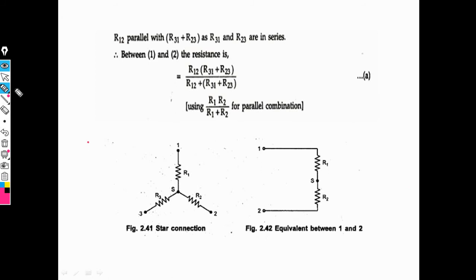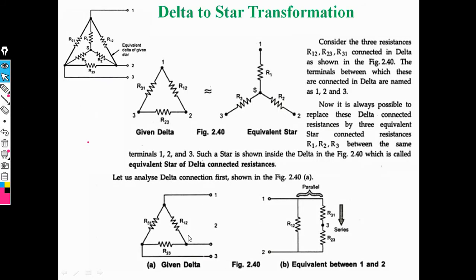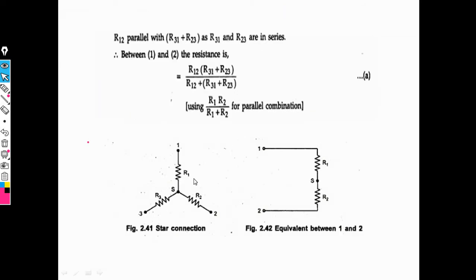Delta connection is: R12 is parallel to R31 and R23, but R31 and R23 are connected in series. This is the phenomenon of delta, and we also have to explain the star phenomenon here.